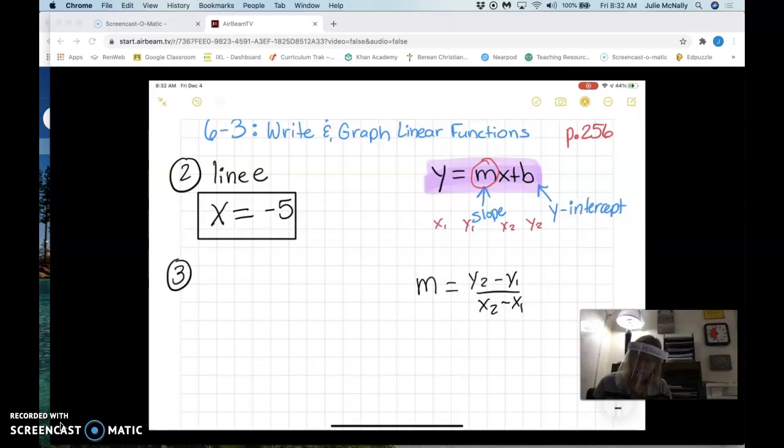Number 3 is line F. So line F, okay, so I see, remember I'm going to have y equals something x, and then plus or minus my b, wherever it crosses the y-intercept. So this time I'm going to look at the y-intercept first, and I'm going to write that down. So where does line F cross the y-intercept?